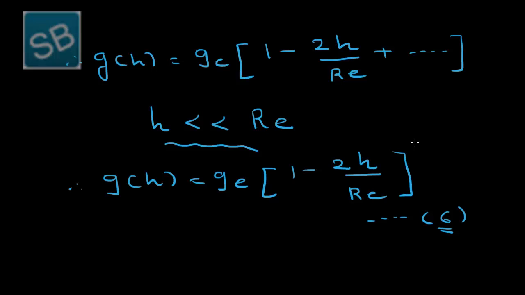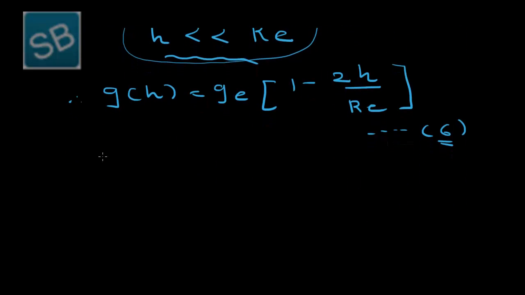This can be used only when the height is very less than radius of the earth. But as the height increases, you can further extend these terms up to second order or third order as per your choice. Now here I am calculating the gravitational acceleration at height of 10 km.